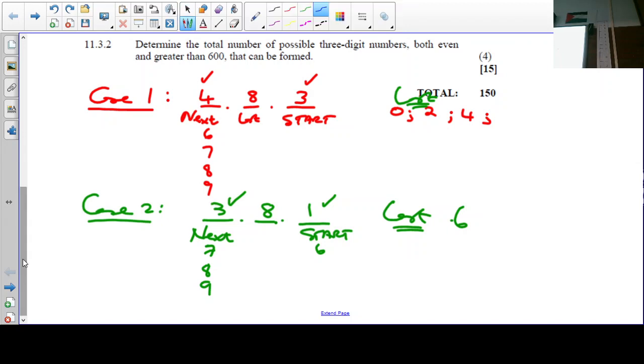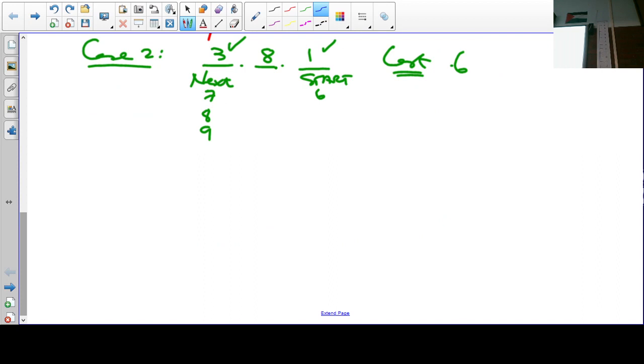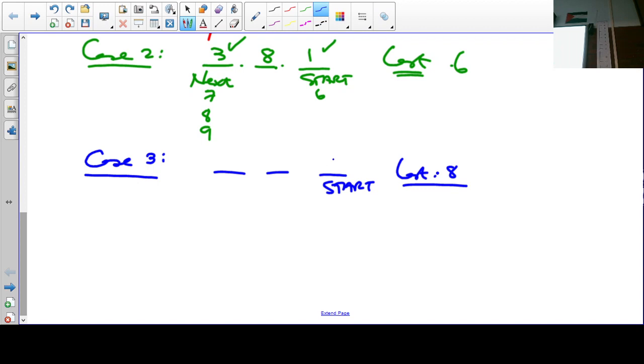Now for case 3, again a 3-digit number, we're starting off with the last number being an 8. How many options do I have?